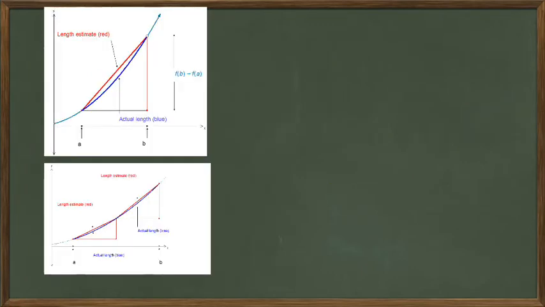You can see that in our first case there was quite a bit of difference between the red approximation and the blue actual, whereas here the difference is much smaller.